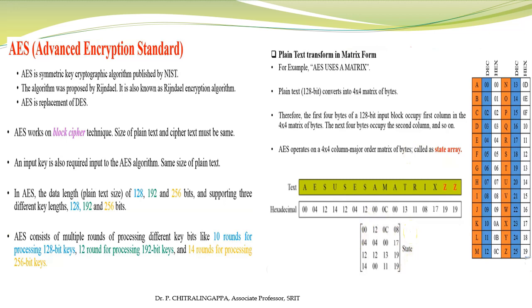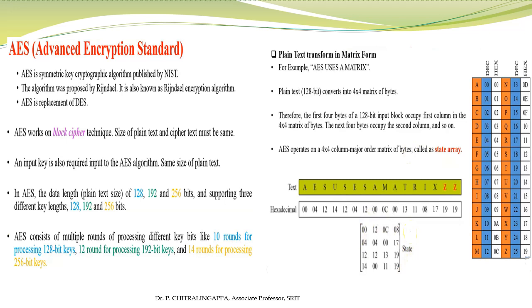So far we discussed the DES algorithm. It is somewhat of a lengthy process, with so many steps. The next algorithm is called the Advanced Encryption Standard. AES works on the block cipher technique. The size of the plain text and ciphertext must be the same. An input key is also required by the AES algorithm.